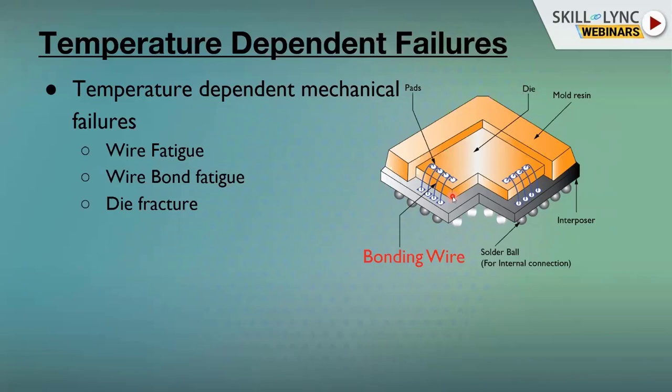Both materials have their own coefficient of expansion. Because of the cyclic loading, shear stress develops at the corner of the die, and because of this shear stress, a crack develops. The crack starts developing over the die and the component fails.